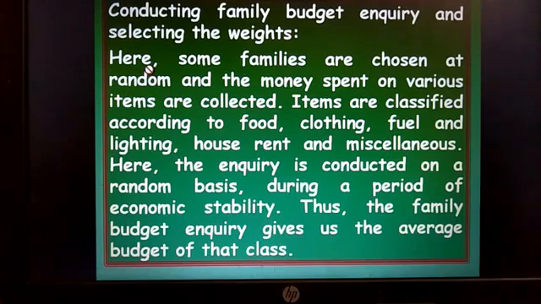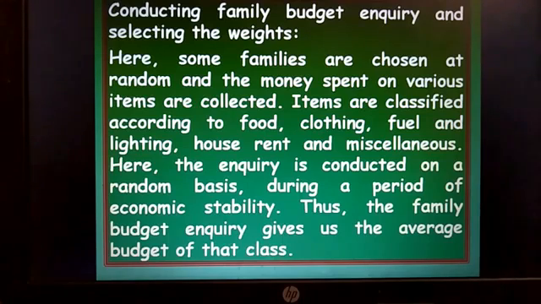Here, some families are chosen at random and the money spent on various items are collected. Some families randomly we may have to choose and collect the information about their family budget. Items are classified according to food, clothing, fuel, lighting, house rent and miscellaneous. We are constructing consumer price index number or cost of living index number.